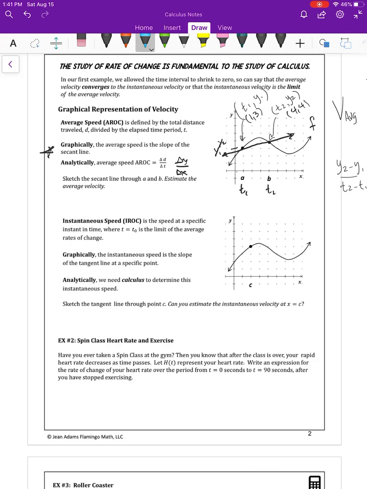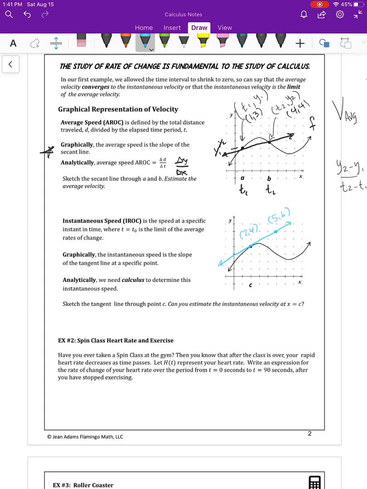So I'm going to try and make my tangent pass through that also. I got a ruler and drew the tangent just like that and saw what it was passing through. So basically it's at this point 2, 4. That's my instantaneous. And then again, 5, 6.